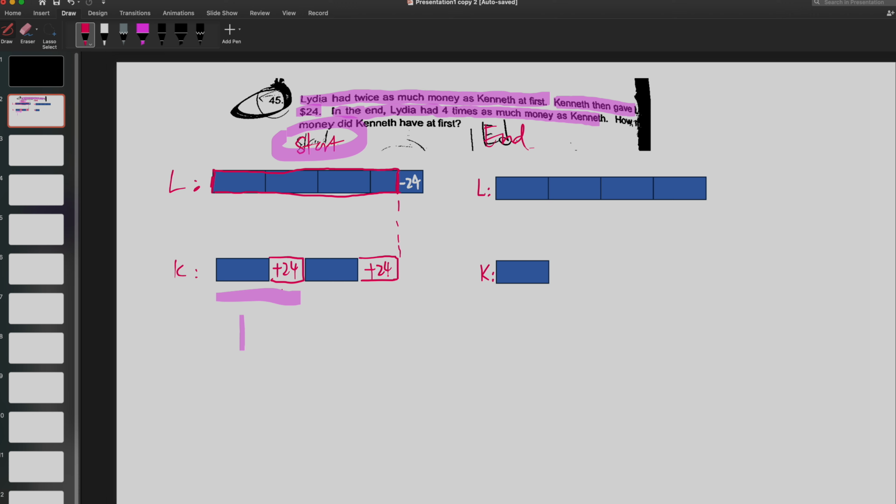Alright, so that is the model you ought to draw before you can answer the question. The model at the start for Lydia is actually this, and the model for Kenneth at the start is actually over here, but it says it's 2 times, so you have to draw twice Kenneth.